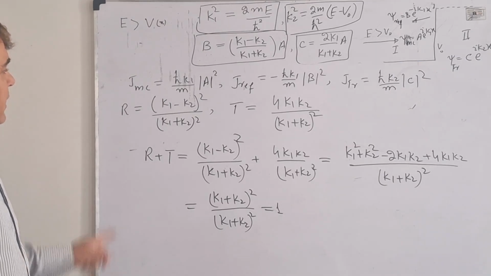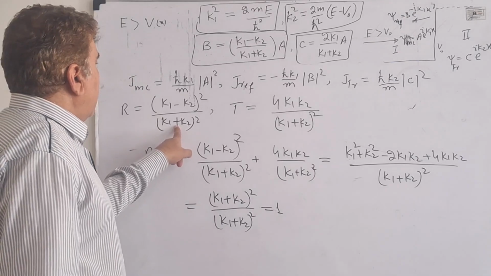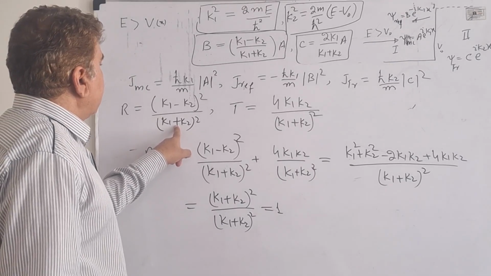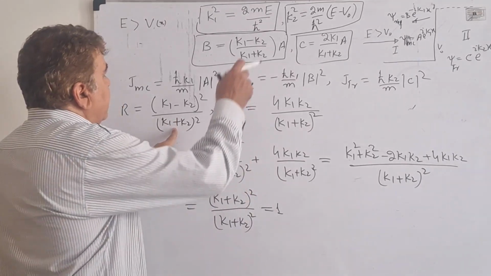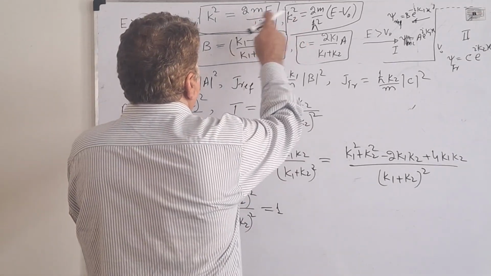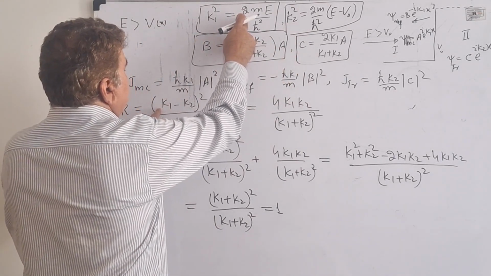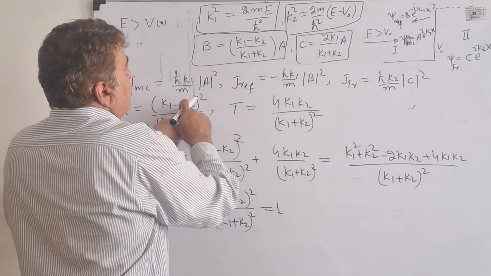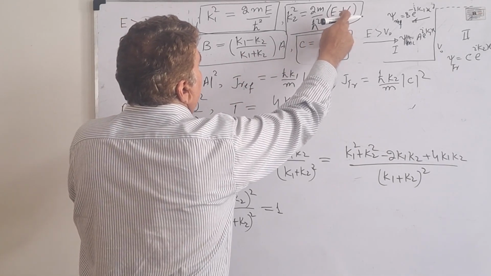Okay, now from this equation, if I look with reference to these two equations, k1 is always a positive number, and k2 could be equal to 0 only if E equals V naught.